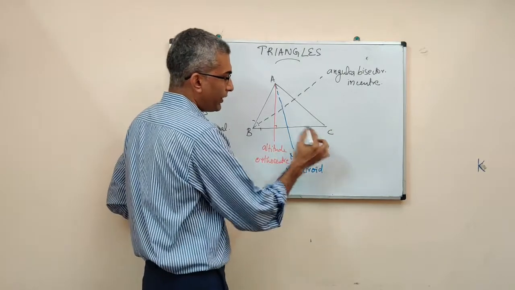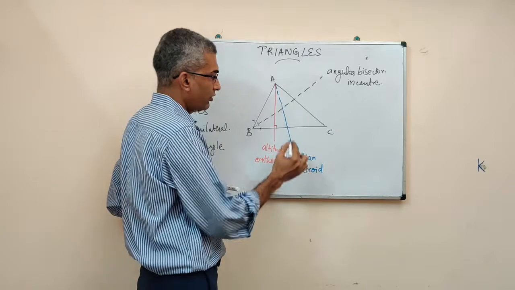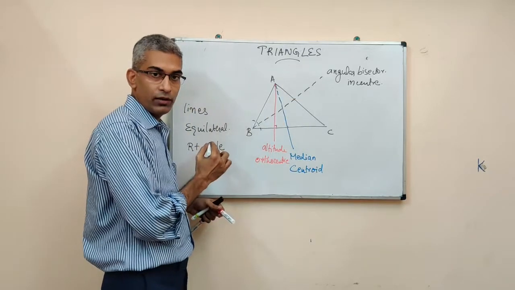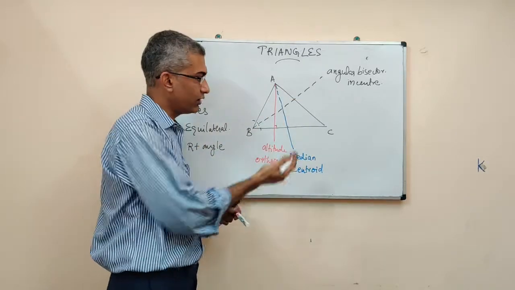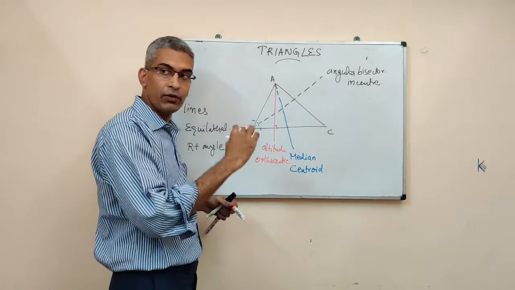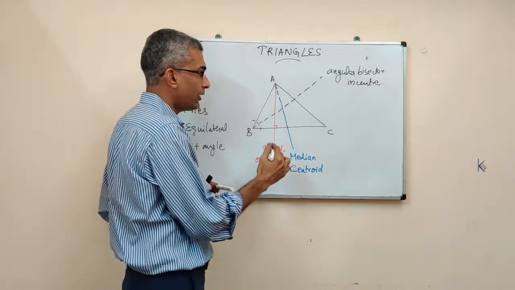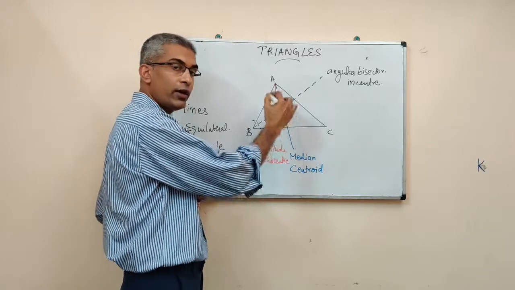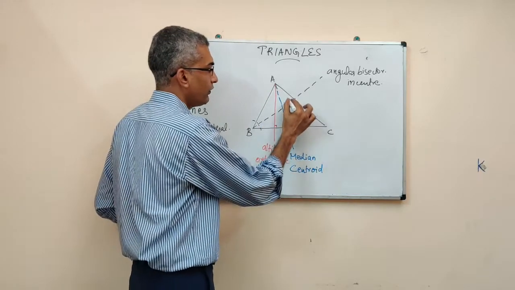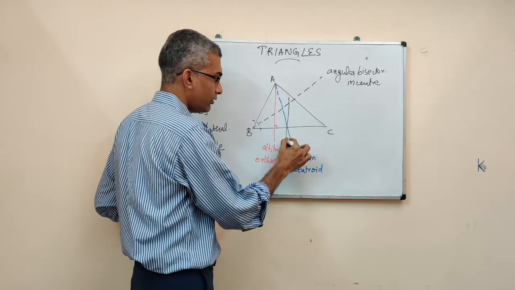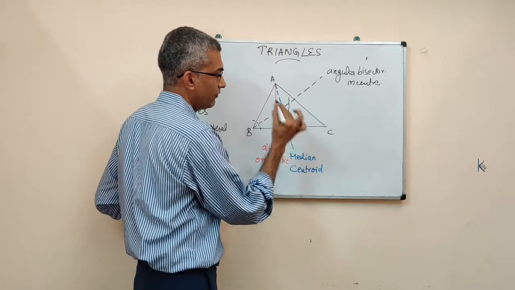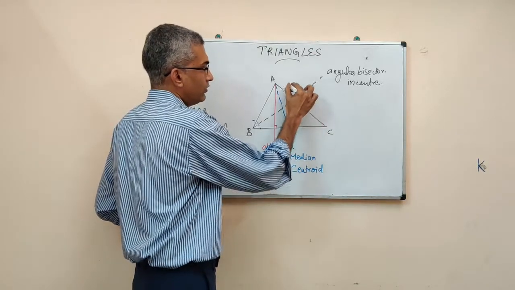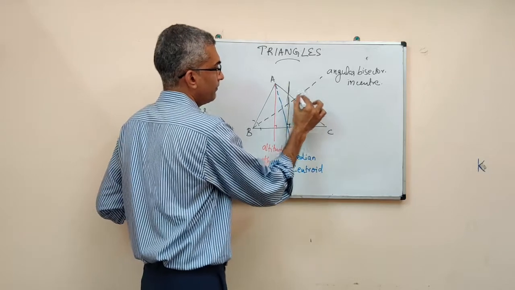One more important line. If you draw perpendicular bisectors, altitude is a perpendicular, but it need not bisect the other side. But what do you mean by perpendicular bisector? It should be perpendicular and it should bisect. Bisect means it should divide into two equal parts. So if I draw a perpendicular bisector to each of the three sides, this is the perpendicular bisector.